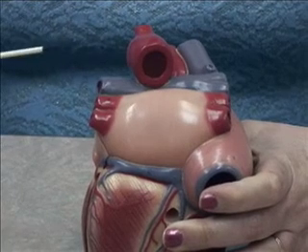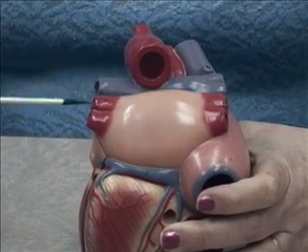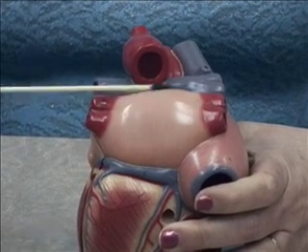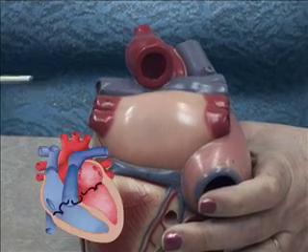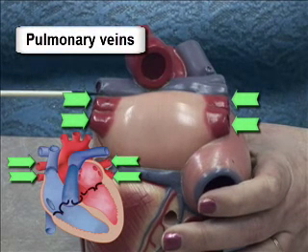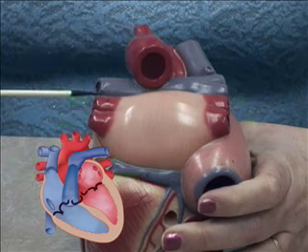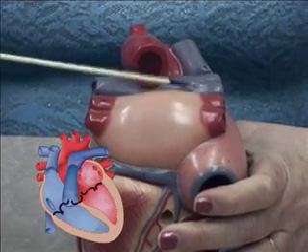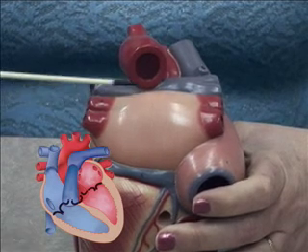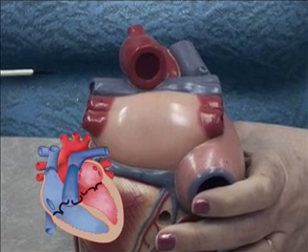Also in the back of the heart, you can see four red pulmonary veins entering the left atrium. These pulmonary veins are returning blood from the lungs into the left side of the heart.